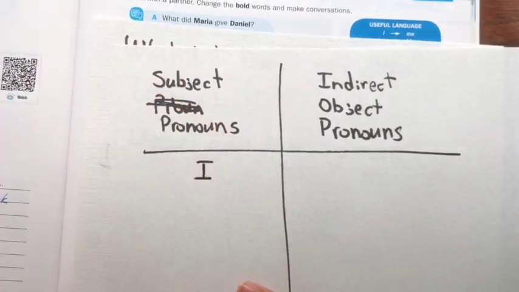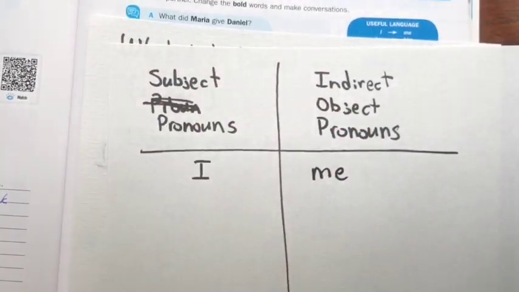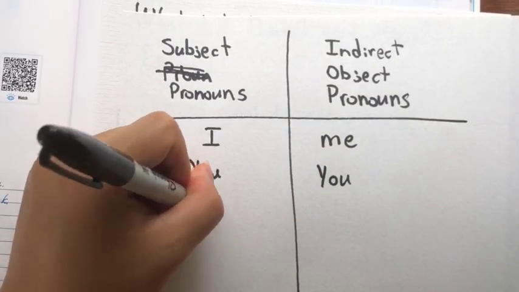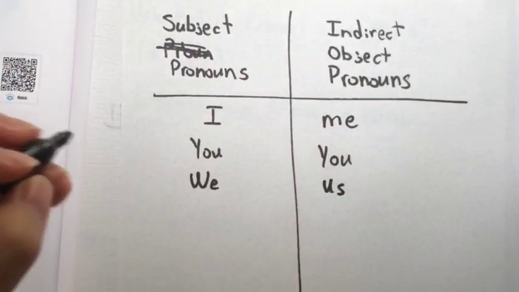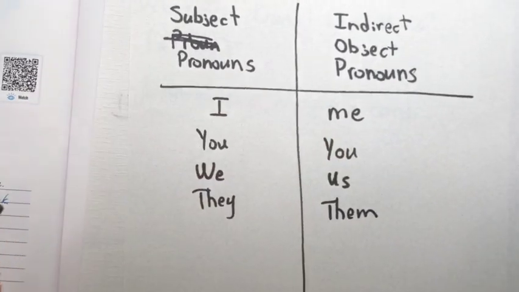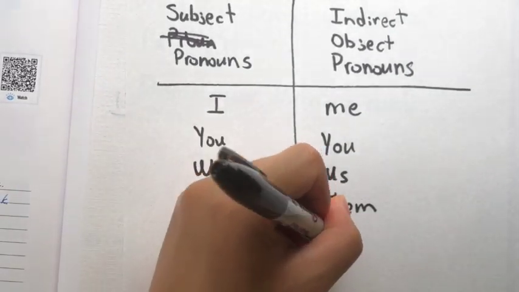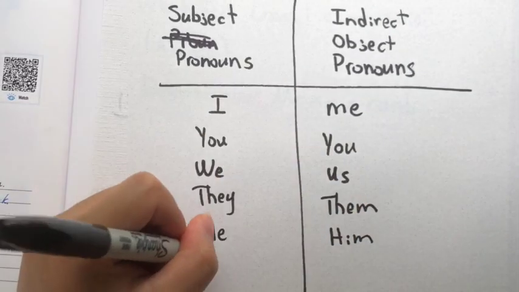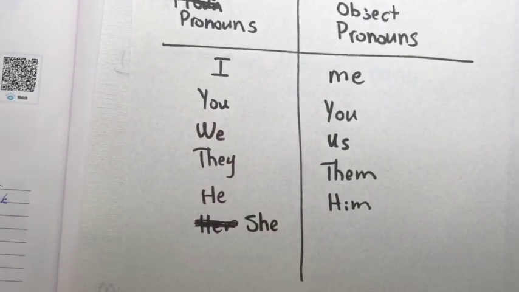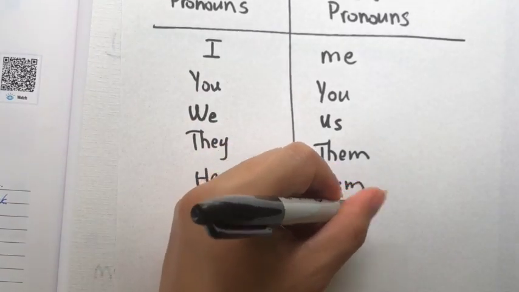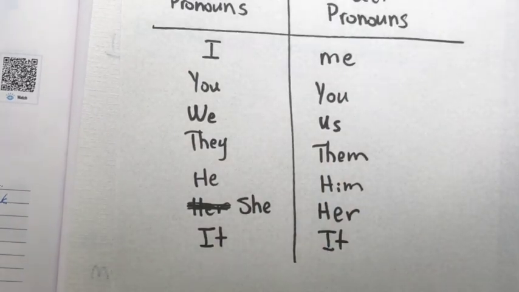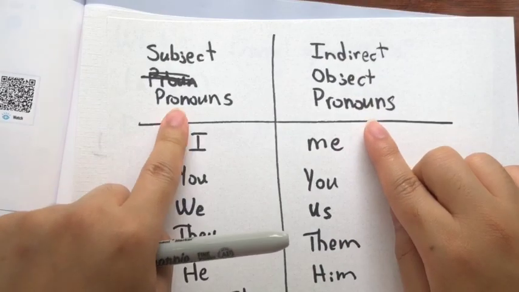We have I and me. You, you. We, us, they, them, he, him, she, her, it. So these are the pronouns.